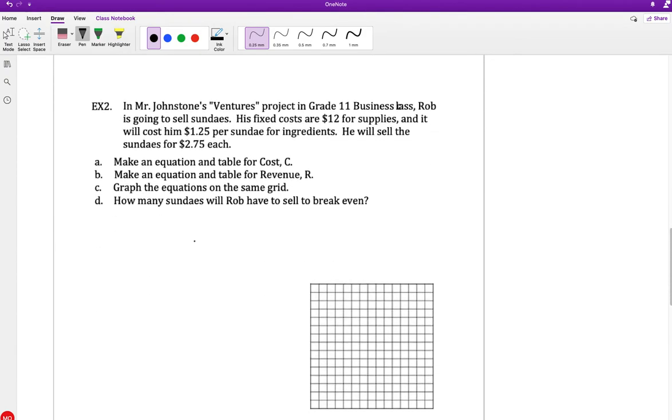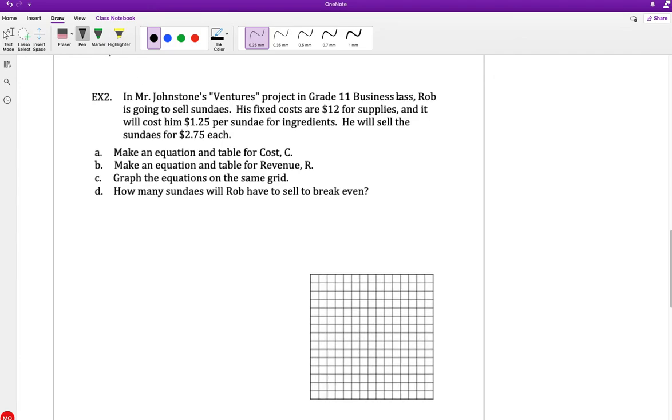So let's do this one now. So in Mrs. Johnson's Ventures class, Rob is going to sell Sundays. His fixed costs are $12 for supplies, and it costs him $1.25 per Sunday. So here's our first set of information. Okay.